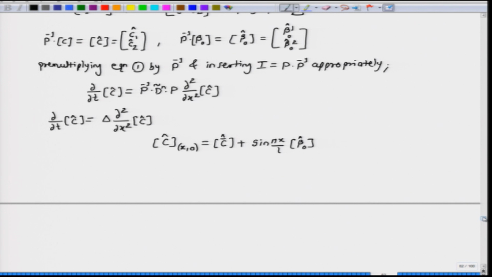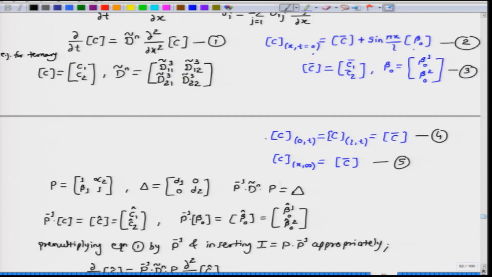And the boundary condition, again if we pre-multiply by P inverse, this will be P inverse times C, which is C cap at x equal to 0 at any time t.